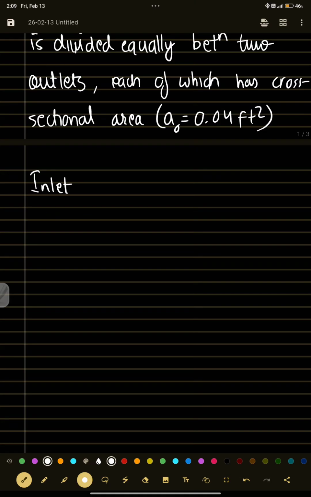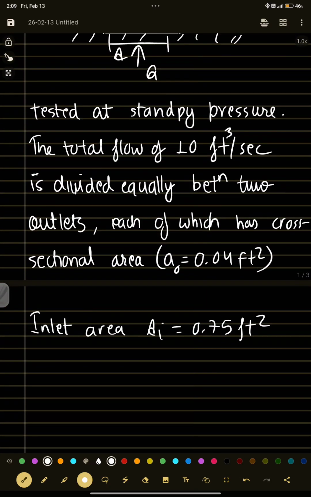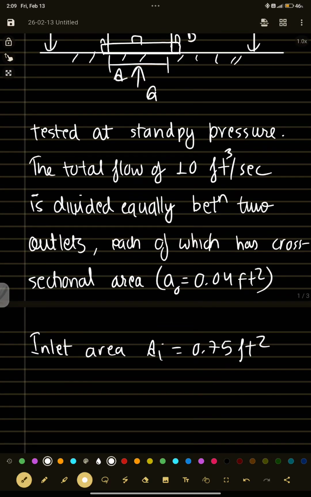So let me summarize what I have said. The fire hydrant is tested under a high standpipe pressure. The total flow of 10 feet cube per second is divided equally between two outlets, each of which has a cross-sectional area of 0.04 feet square. The inlet cross-sectional area at the base is 0.75 feet square.